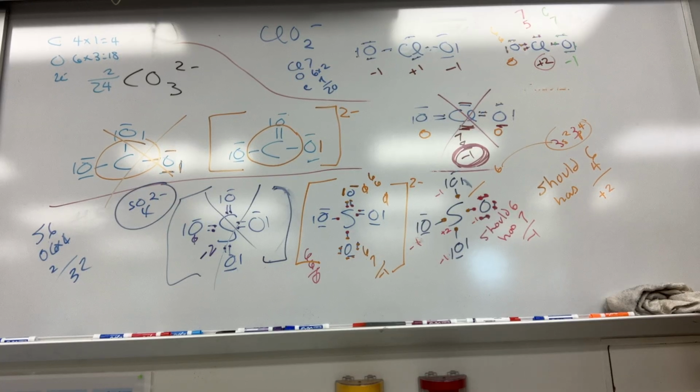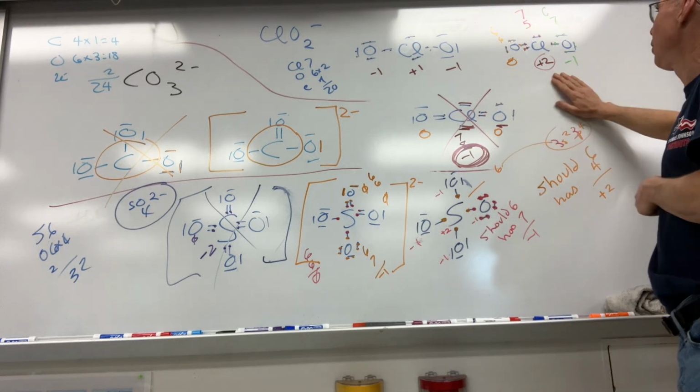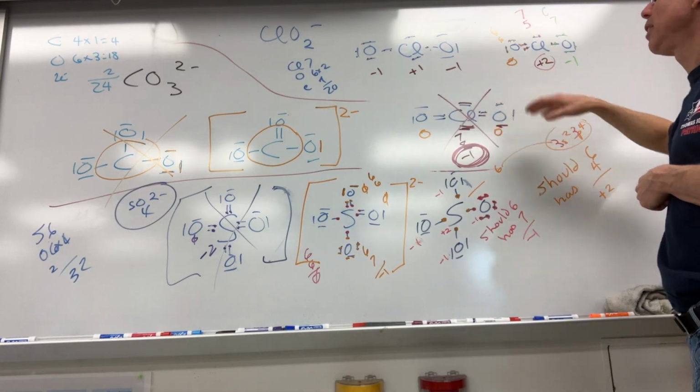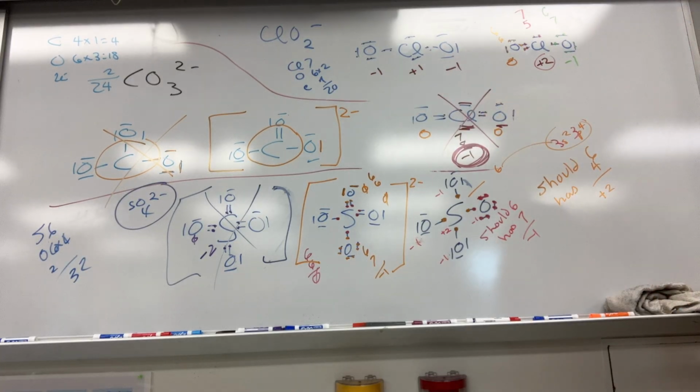Okay? Now, could you argue which of those two is better? I think they usually say having less things with charge, but then again, having chlorine with a +2, I don't know that I like that necessarily. So it might be a toss-up between those two. All right?